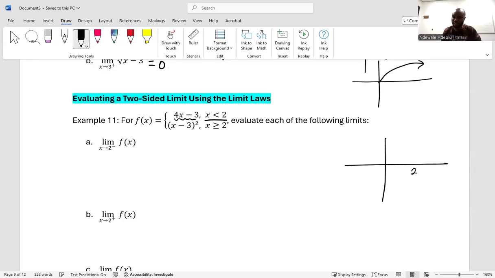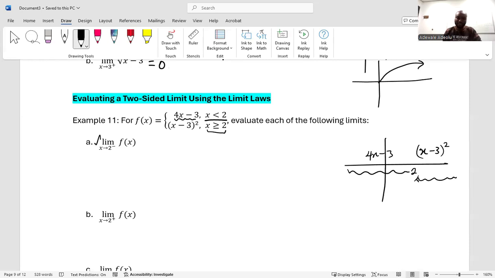Let's say this is 2. On this domain, it is defined as 4x minus 3. And anything greater than 2, anything here above 2, it is defined as x minus 3 all squared.